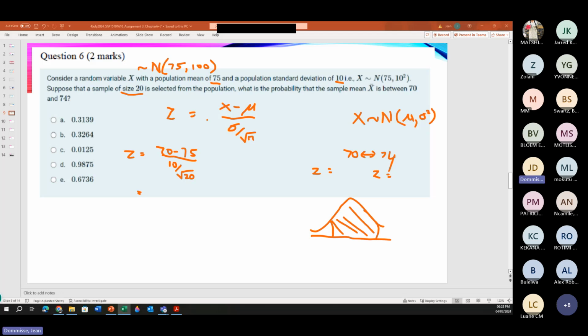So if I divide those two, and just please check for me as well when you are doing it, I'm getting minus 2,24. And if I look at Z74, okay, that is also going to be a minus. So that already tells me that that picture that I've drawn is wrong.